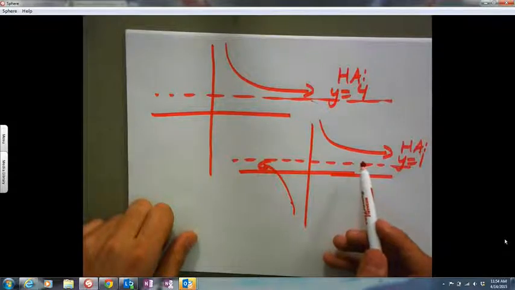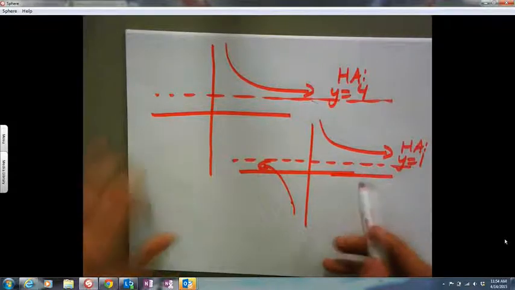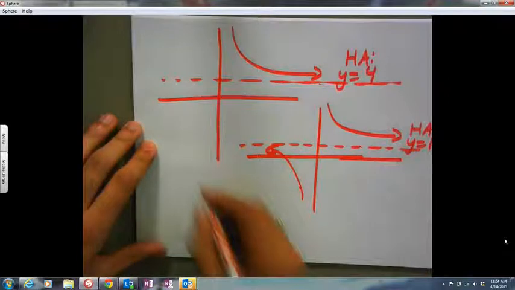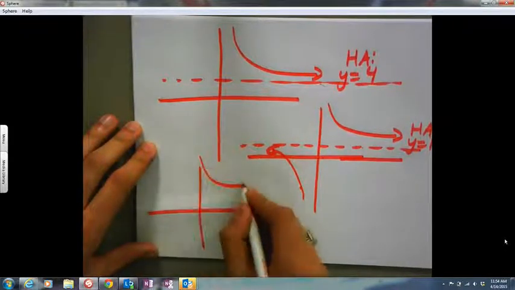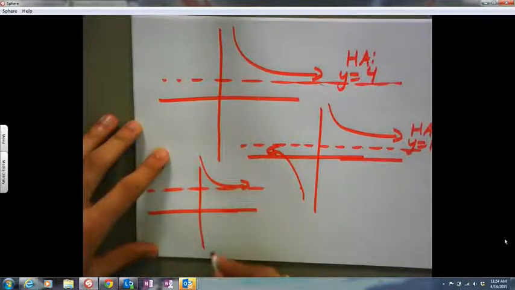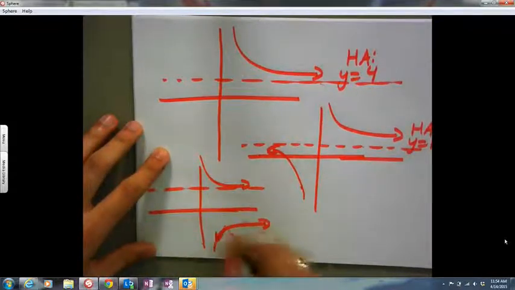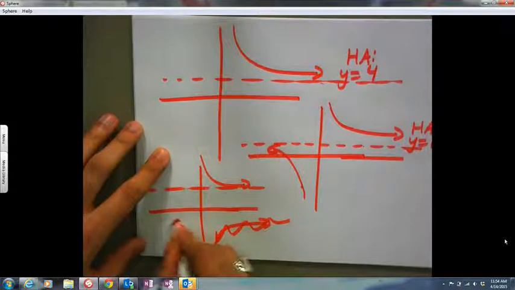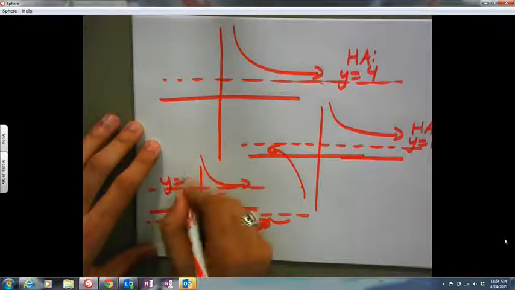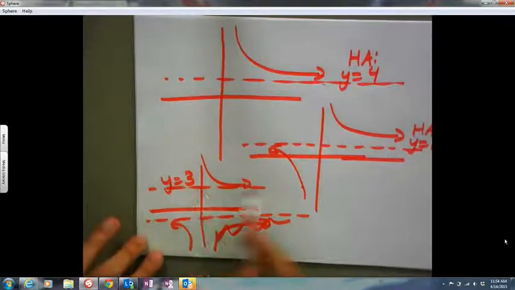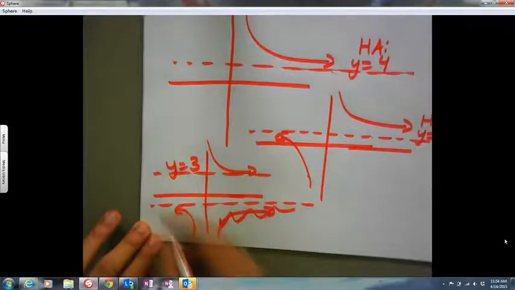And finally, you could also have this. In other words, you could approach y equals 3 on the positive side, and you could approach y equals -1 on the negative infinity side.